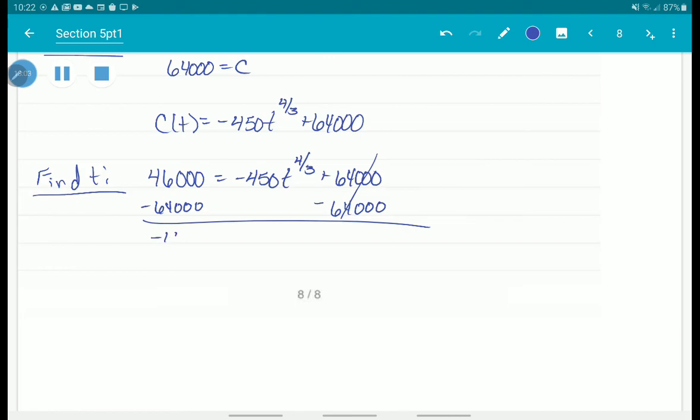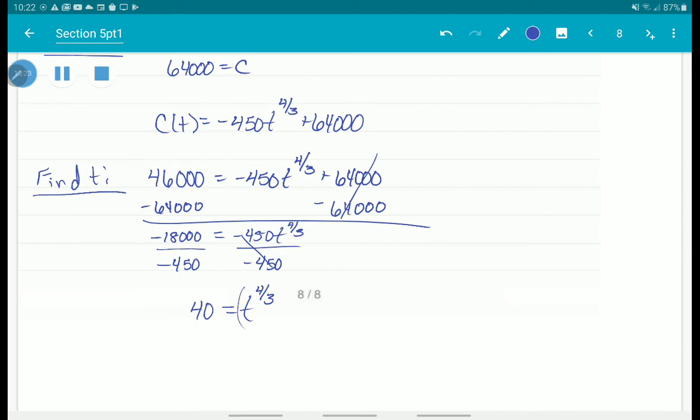So it's negative 18,000. And then we're going to divide by negative 450. So we're going to have t to the 4/3 is equal to 40.